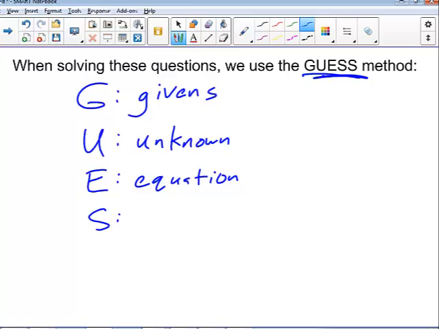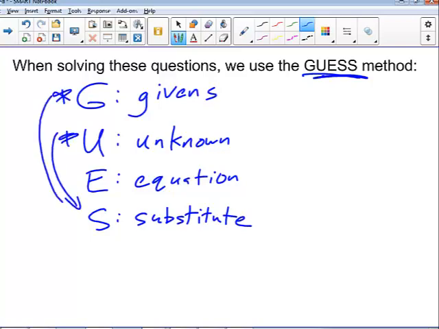And once we've listed it out with letters, we go to our next step, S, which is substitute. What we do is we take our information from the givens and from the unknowns, and we plug them into our equation. And from there, we solve the equation. And we write ourselves a final statement.